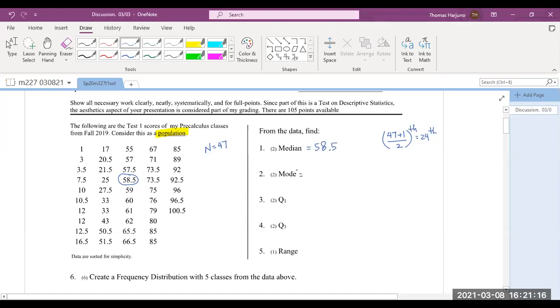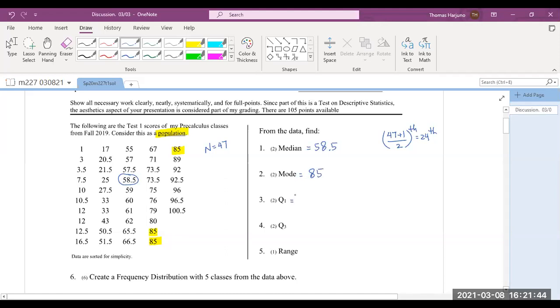Next, what is the mode? So see what is the most frequent data. I think the most frequent data is 85. Don't you think so? It happens 3 times, but is there anything else that happens 3 times? Nothing. So yes, the mode is 85.